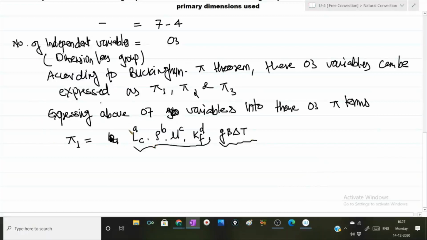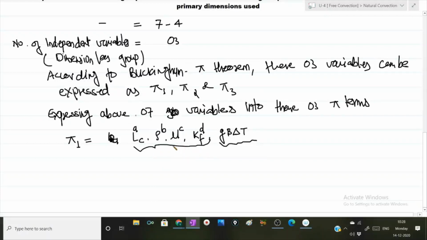Why did I select only 4 variables as core parameters? These 4 parameters are decided based on the number of primary dimensions. Since in this convection process I have 7 variables which could be expressed in 4 primary dimensions, the number of core groups will be 4.